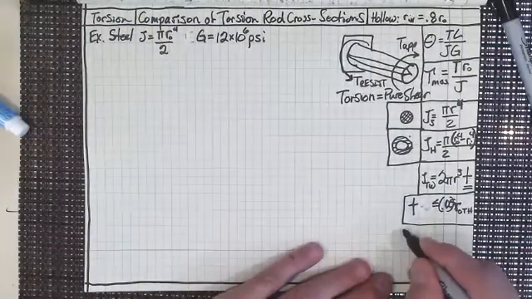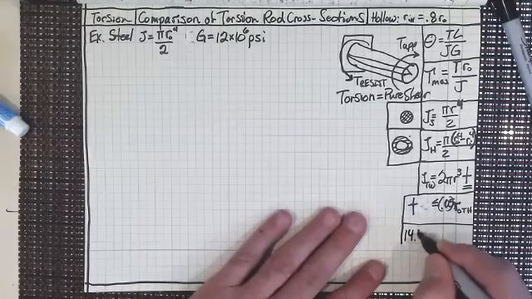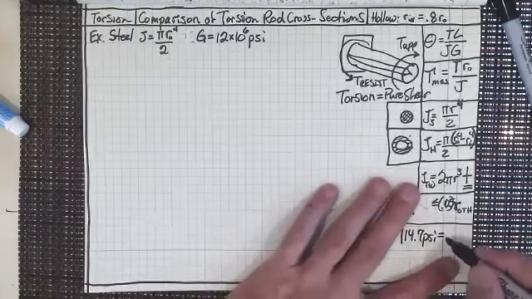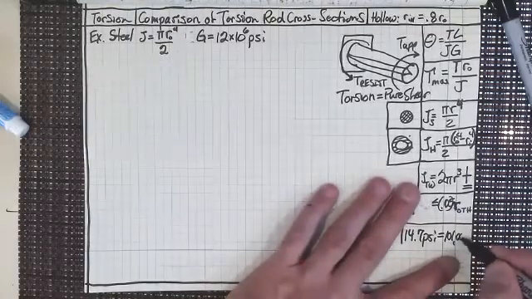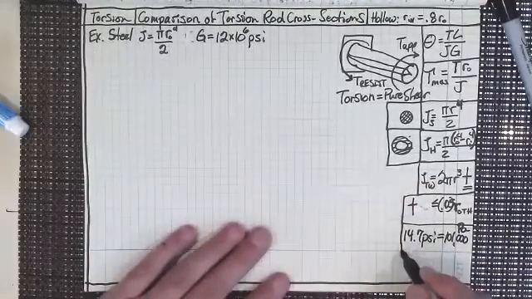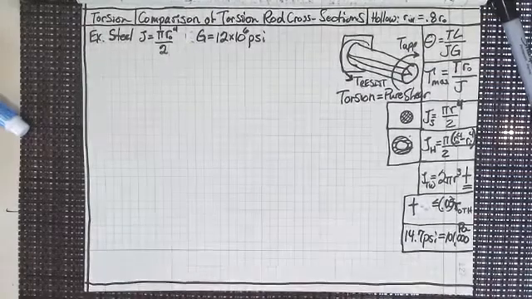The one that I use is 14.7 PSI equals 101,000 pascals. Where does that come from? That comes from 1 atmosphere, doesn't it? That's our standard atmosphere.